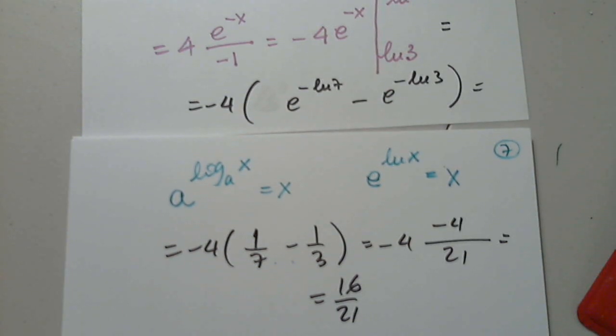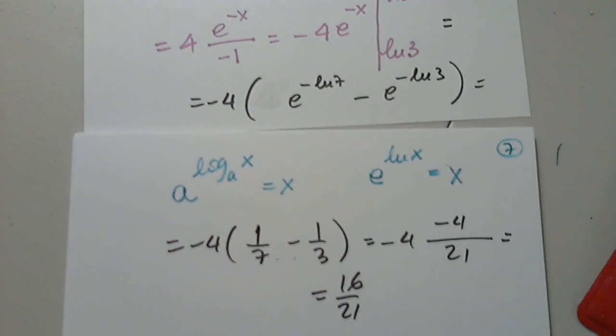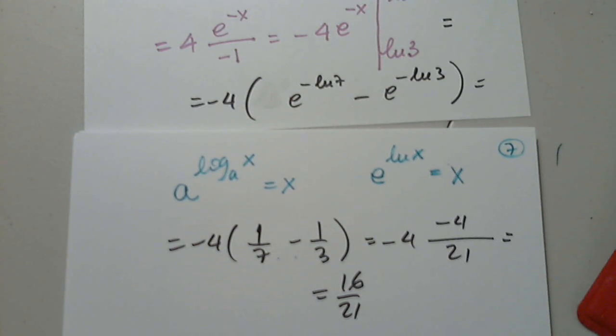Let's not adjust. So let's go directly to 9. And we have the lower limit natural log 3. The upper limit natural log 7. And we are looking at 4 e to -x.